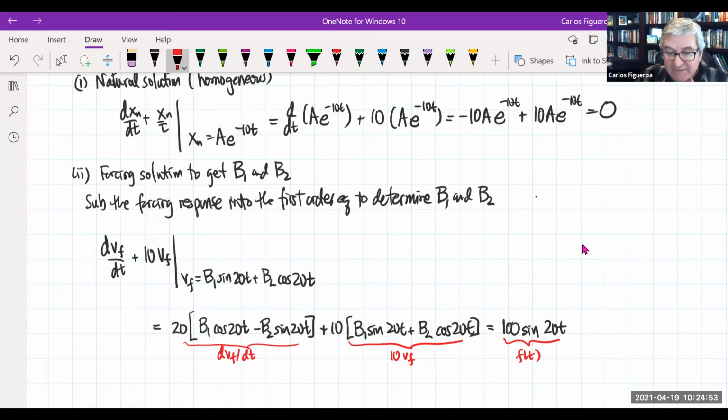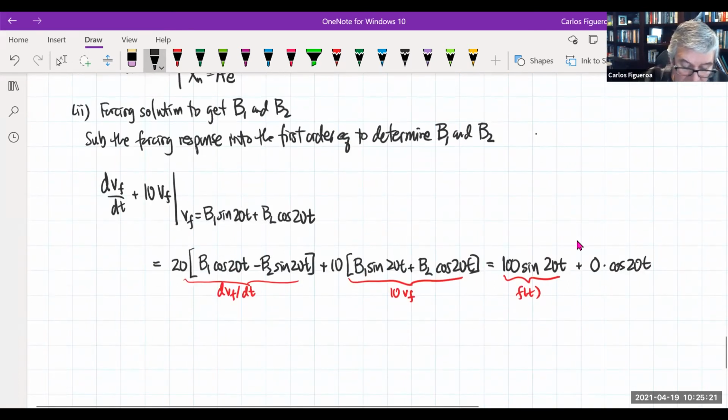But pay attention to the left side: it is a combination of cosines and sines, while the right side is only sine. So to help here, I'm going to write 0 times cosine of 20t. Of course, that is still 0 and doesn't affect anything.